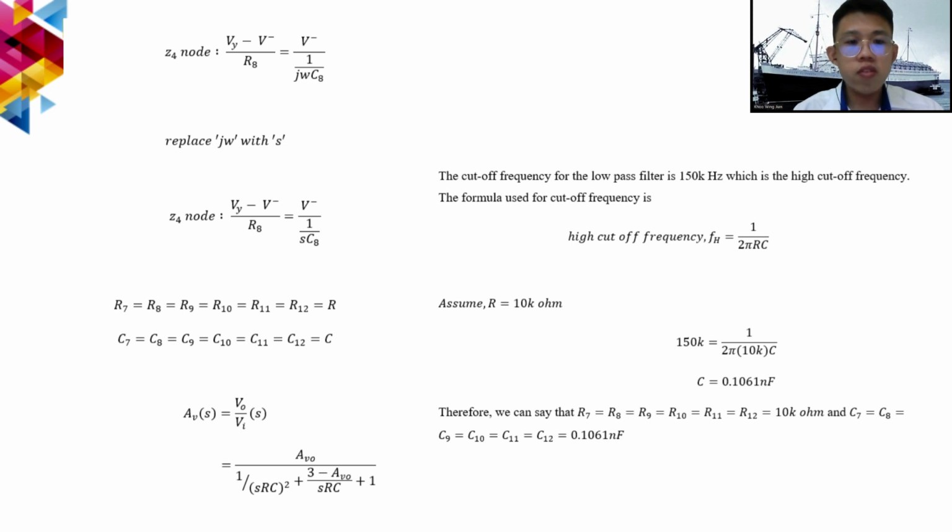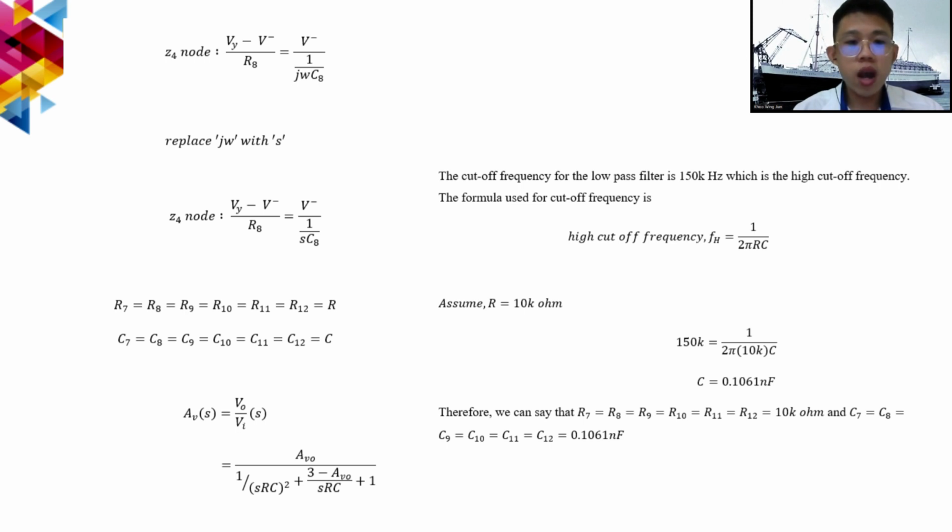So the AVS is equal to AVO over (1 over SRC squared plus (3 minus AVO) divided by SRC plus 1). The cutoff frequency for the low-pass filter is 150K, which is the high cutoff frequency FH, equal to 1 over 2 pi RC.